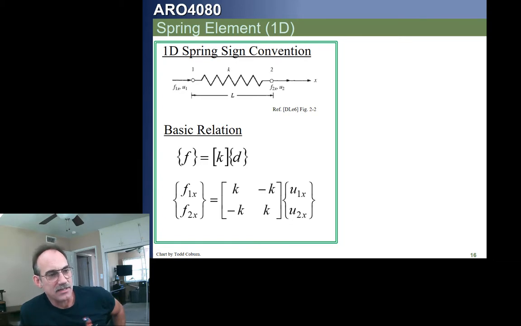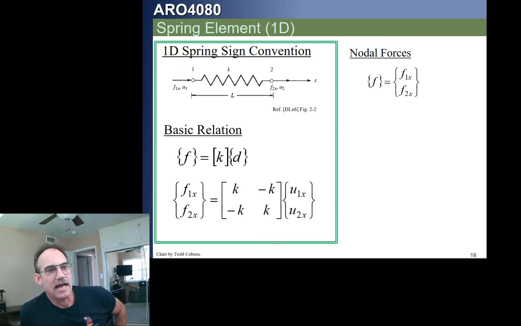Our spring constant, that means this is element 1, 2, 1, 2. That means we put a positive k, negative k, and this is going from element 1 to element 2. Now that's because we label these 1. If this was 2 and 5, that would be 2 and 5. If this was 3 and 9, that would be 3 and 9. If that was 9 and 3, it would be 9 and 3. You got that? Okay.